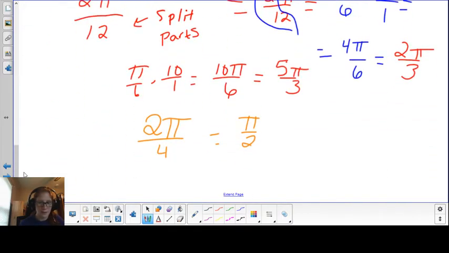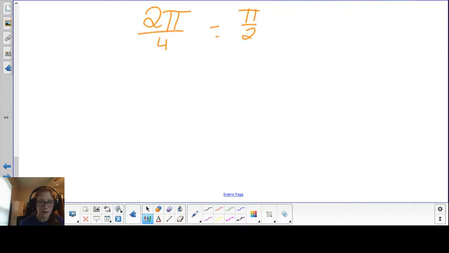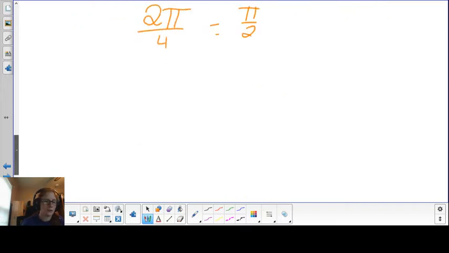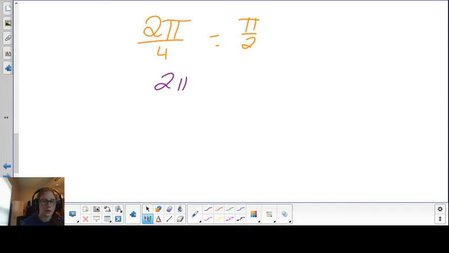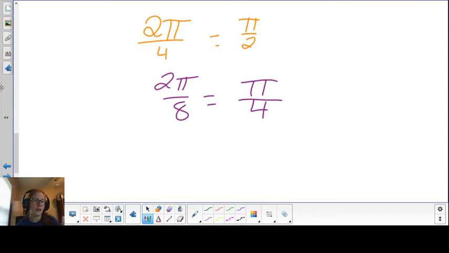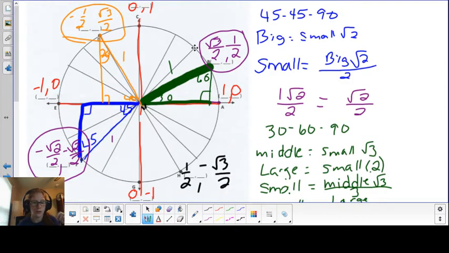And lastly, my 45 guys. So I had 2 pi divided by my 45s. Well, how many different 45s did I have? I split it into 8 parts. And I can reduce that down to pi over 4. So the first 45-degree angle, if I go back a moment, I'm going to use a different color so you can clearly see it, is right here.